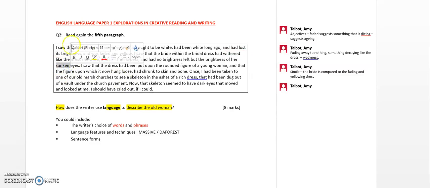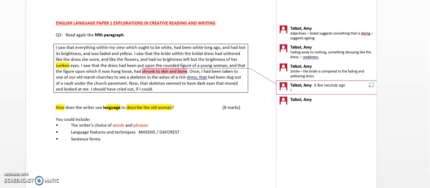So there's a number of things here. I could talk about the idea of the sunken eyes, which is quite good. So we've got more adjectives to describe her, and then the fact that she's shrunk to skin and bone. So we've got that imagery of, again, something decaying, something becoming weaker. And it's actually becoming quite an image of horror, the way the woman is being described.